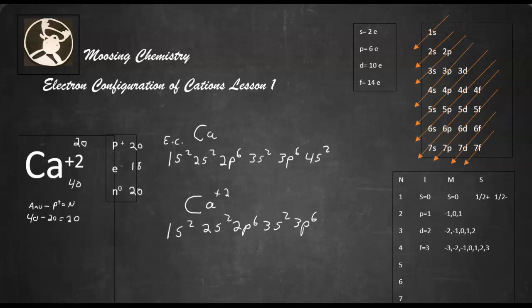Notice that we don't have a 4s2 because calcium lost those 2 electrons. So now it has 20 protons and only 18 electrons. So it's got more protons than electrons, so it's going to be positively charged. Oh, it's not that hard, is it?